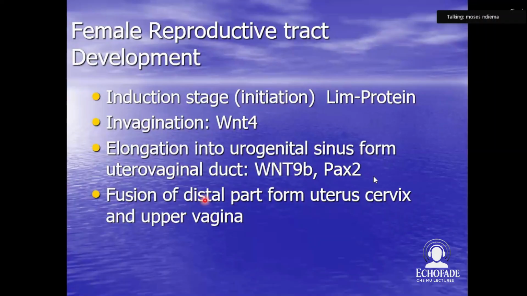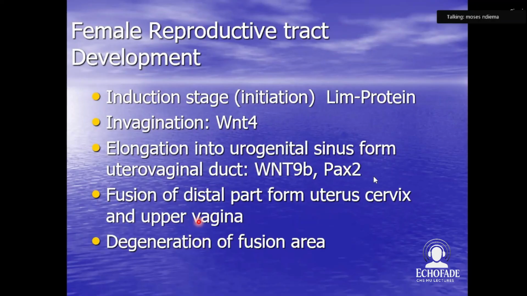Now, we also have, like I said, at the entry of the Mullerian duct into the cloaca, the cells close to that proliferate and thicken. That thickened proliferation grows towards the Mullerian duct, forming what we refer to as the sinovaginal bulb.